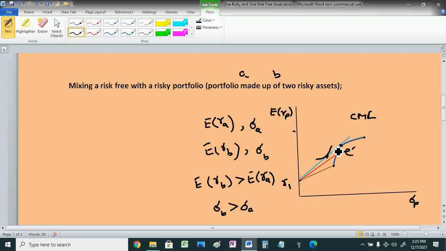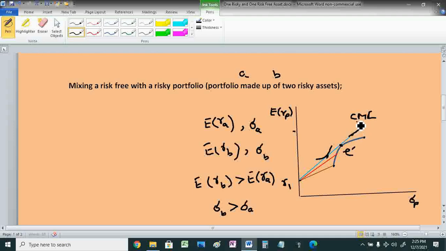And so we can say that these are the choices which are available to the person when the person can act as a lender in the money market. And given that a person can act as a lender, the person can also act as a borrower, and this becomes evident if we extend this line further rightward like this.